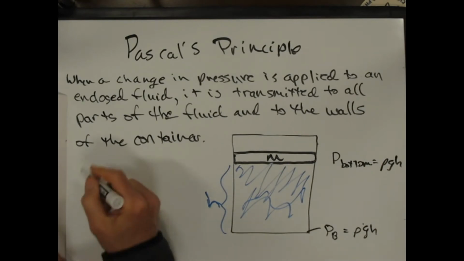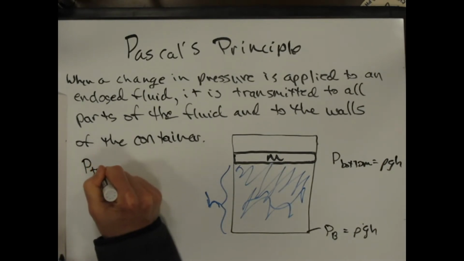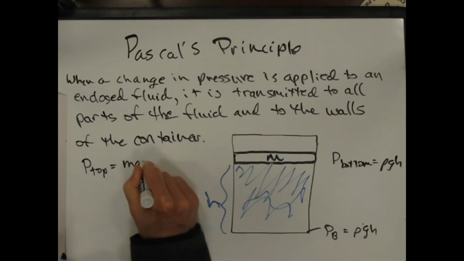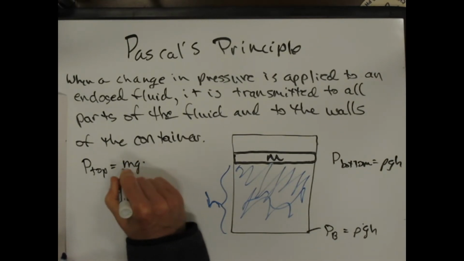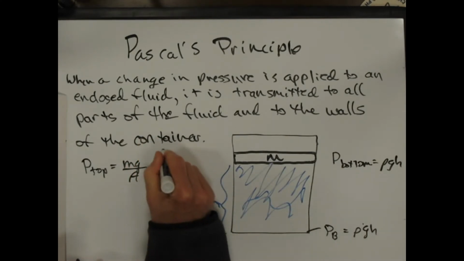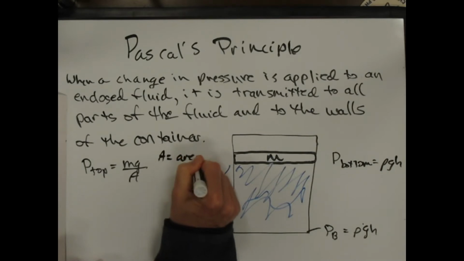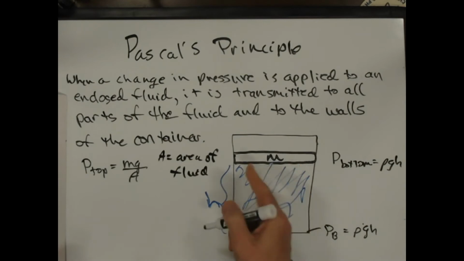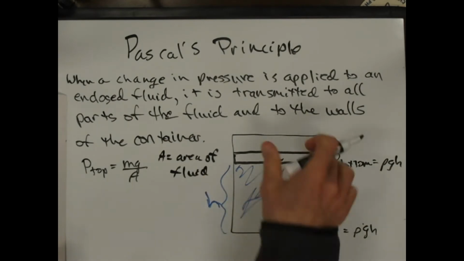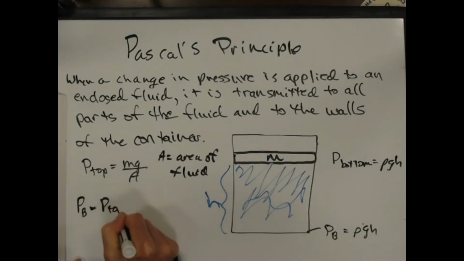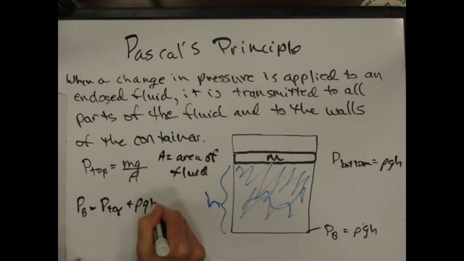Well, now the pressure at the top of the fluid is equal to mg divided by the area, where A equals the area of the fluid at the top, if that's a cylinder or something like that that's sitting on top. And that means P bottom is just P top plus rho g h.